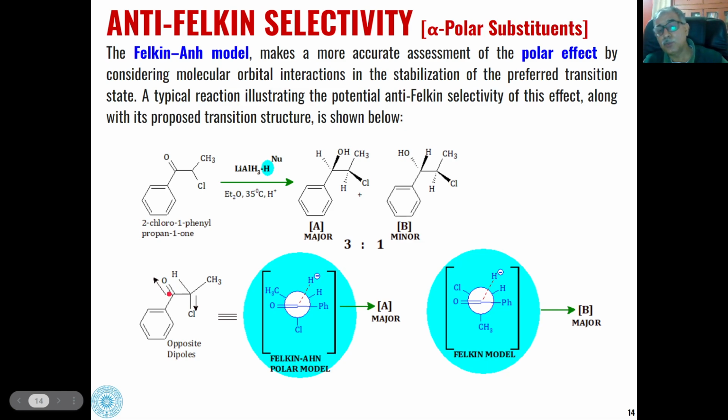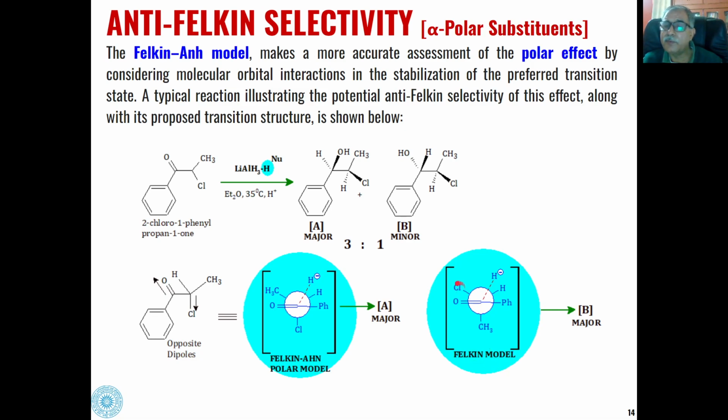Now there are two transition states which are possible for this. If we go by the Felkin model only, then the hydrogen will be the smallest group, chloro will be the medium group, and methyl will be the largest group, and the largest group will be anti or perpendicular to the ketone as per the Felkin model.